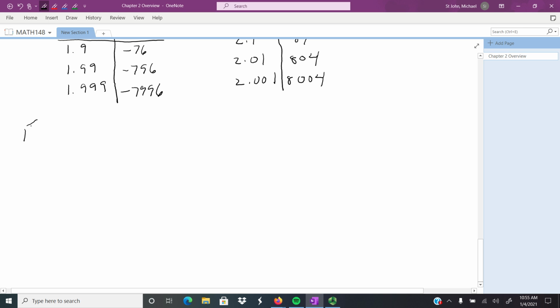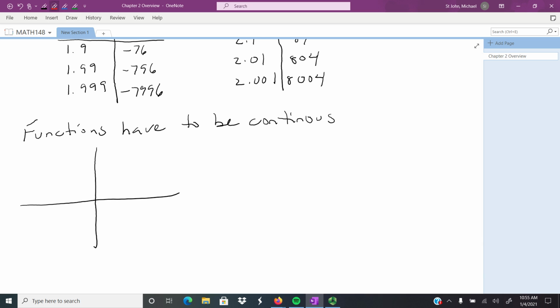So functions. So functions have to be continuous. Which basically means there cannot be any breaks in my function. So, for example, if I had something like this, this would be a function, right?